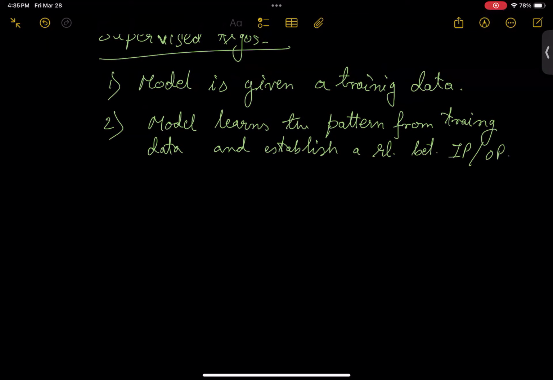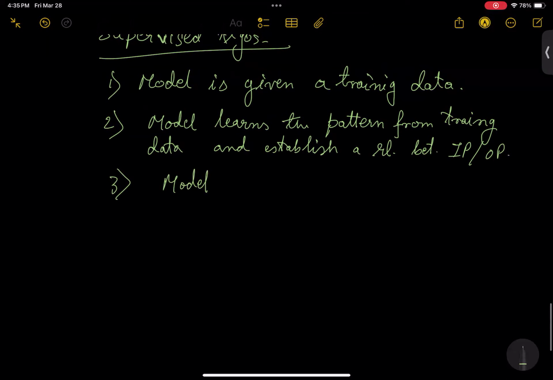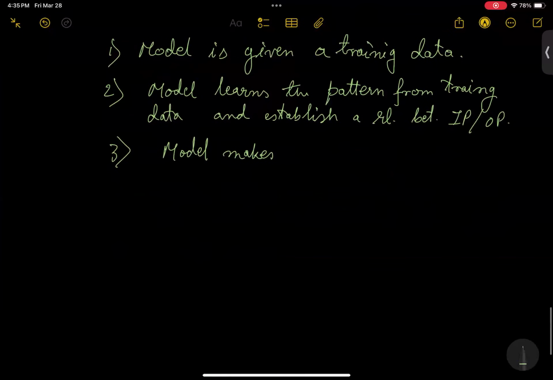And then we are also saying that the model makes predictions, not recommendations. I forgot, it would be prediction.